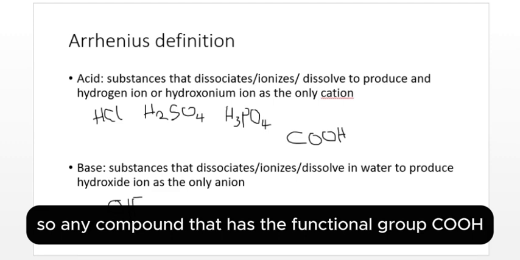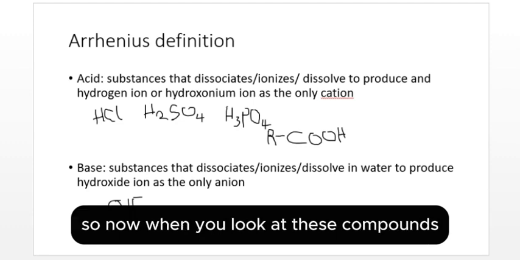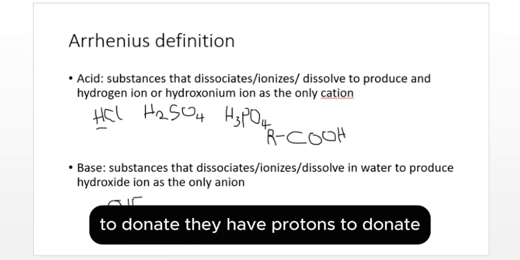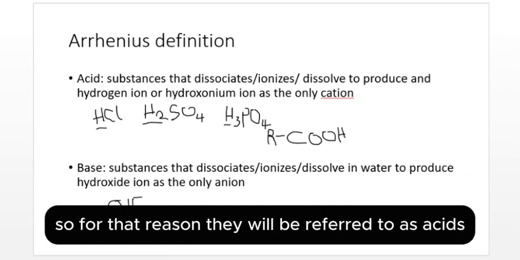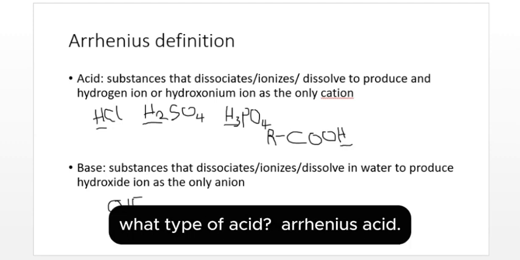Each of these compounds has protons to donate, so for that reason they will be referred to as acids. What type of acid? Arrhenius acid.